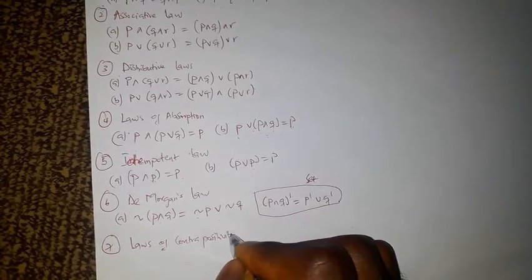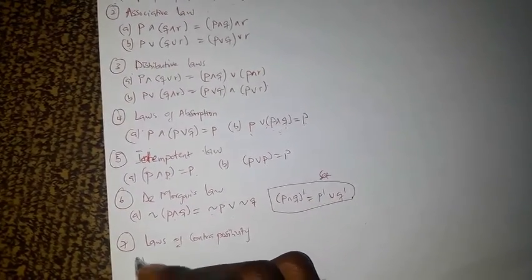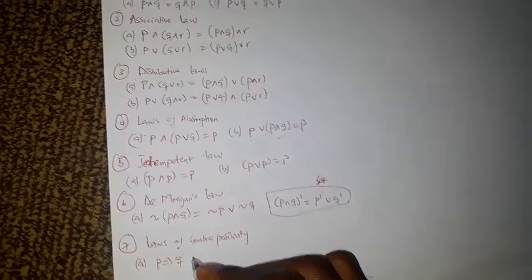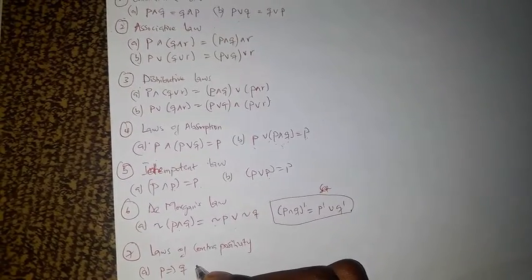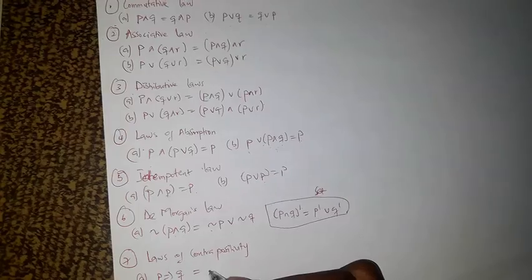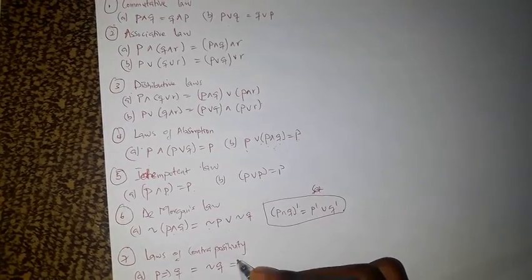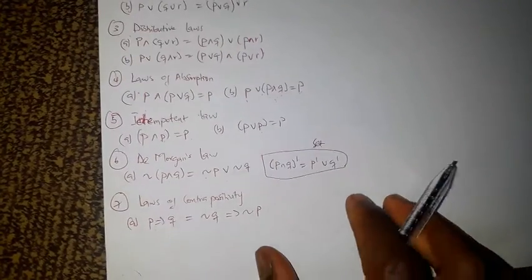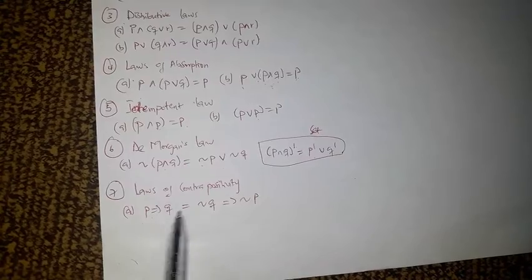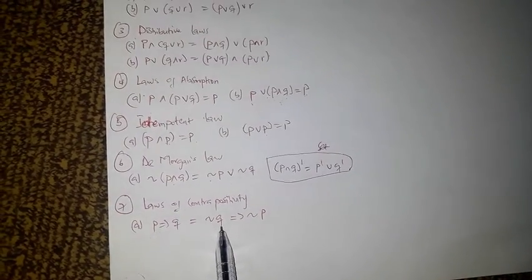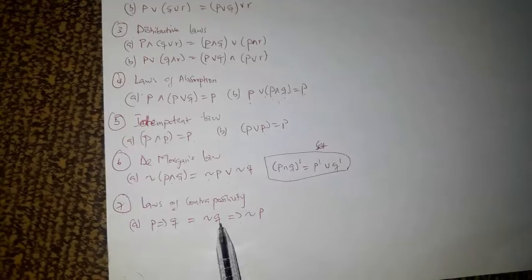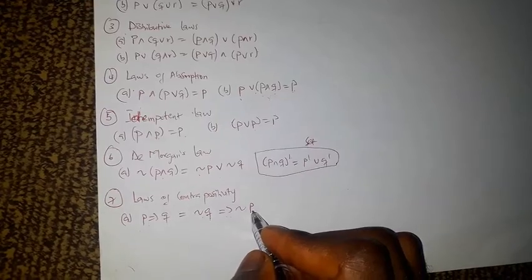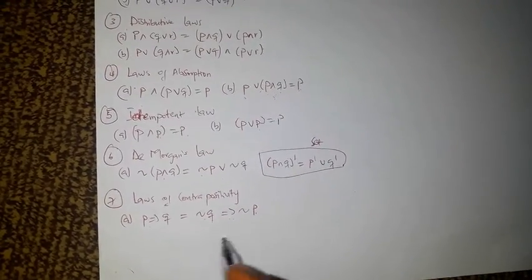This law states that P conditional Q, that is, if P then Q, equals if not Q then not P. So the conditional statement of P and Q is the same thing as the conditional statement of not Q to not P. Putting not on both of them is the same thing as not putting not at all, in that case.